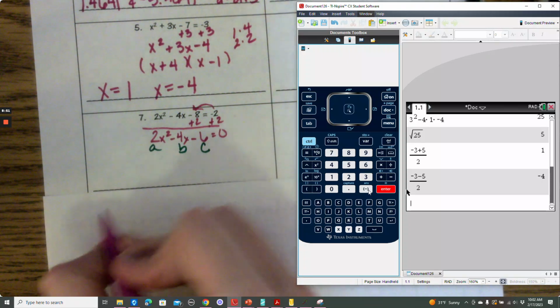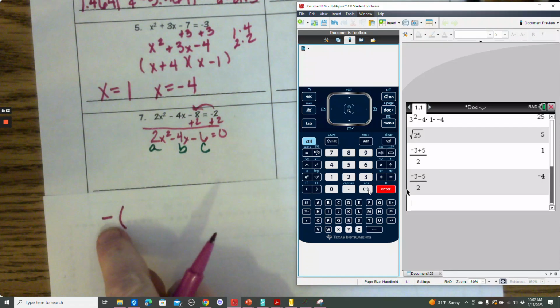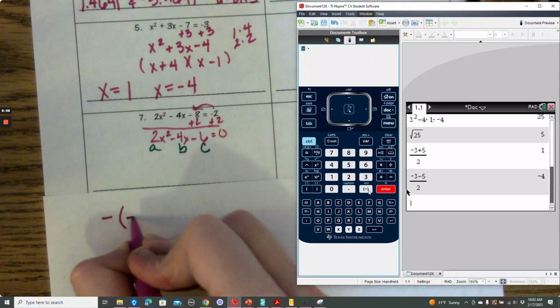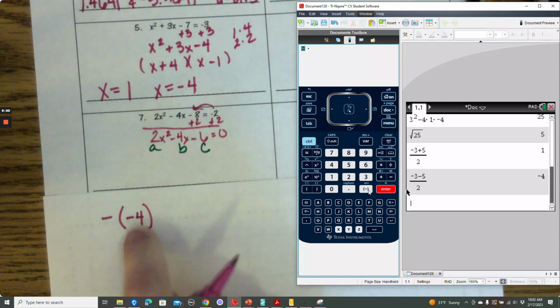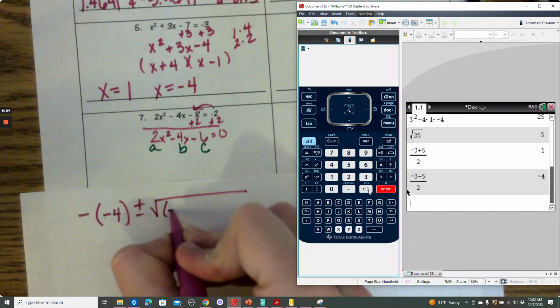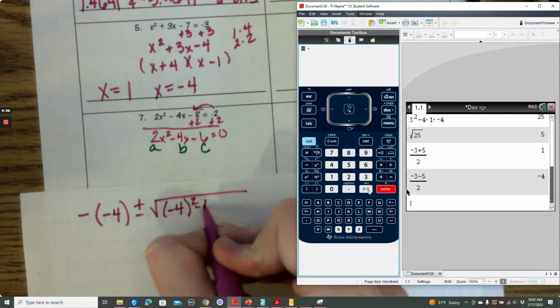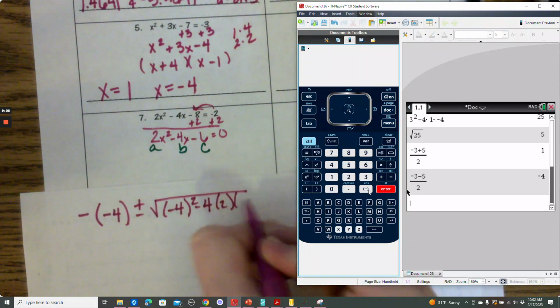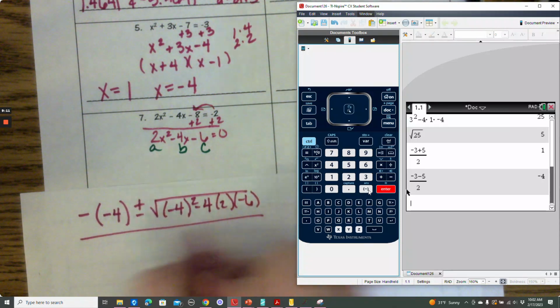All right. Also remember, it starts with a negative. If B is a negative, you write that negative down twice. Don't lose a negative sign. Plus or minus the square root of B squared minus 4 times A times C, divided by 2A.